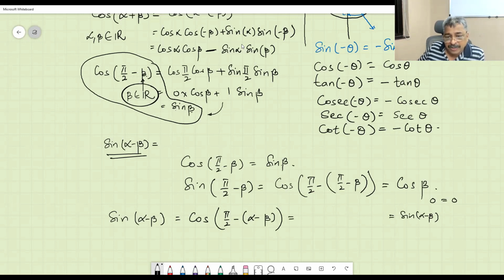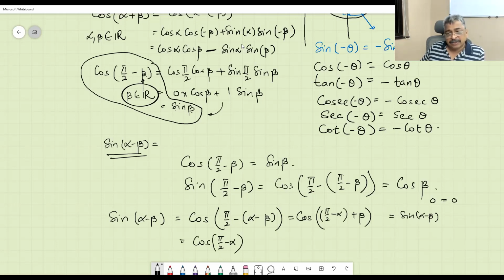We should slightly modify it: pi/2 minus alpha, plus beta. This is good. This is cos of (pi/2 minus alpha) plus beta. Cos of the summation of two angles is cos cos minus sin sin.